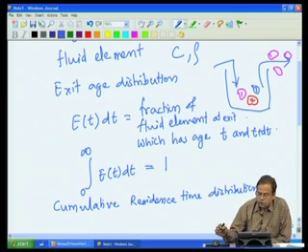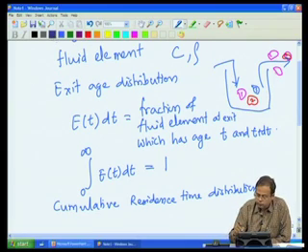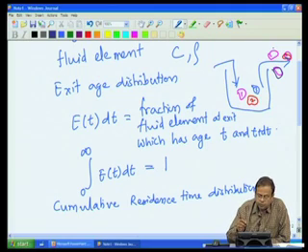Now, let us go back to our figure. So, I have all these fluid elements, which I will call 1, 2, 3 and so on.